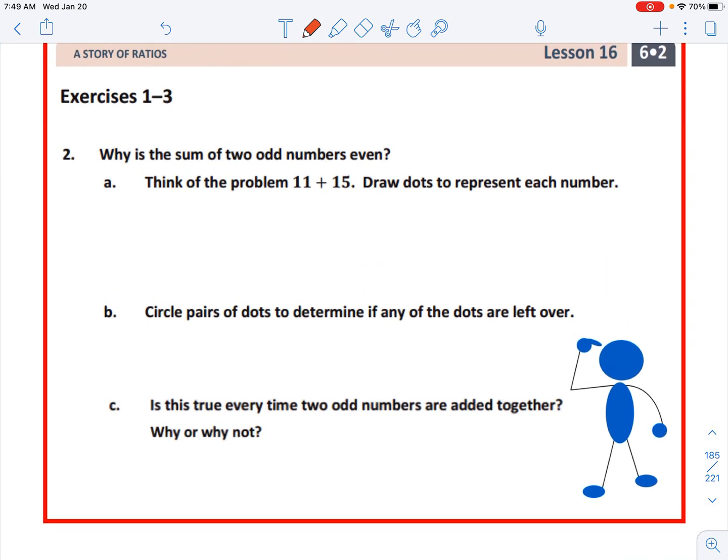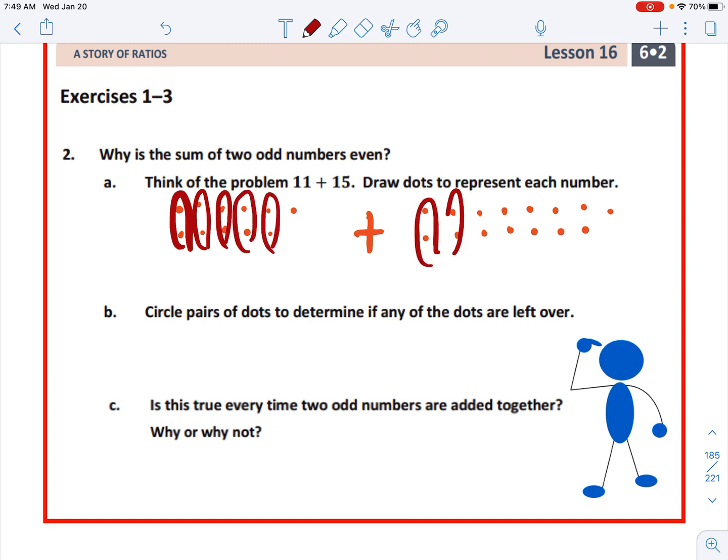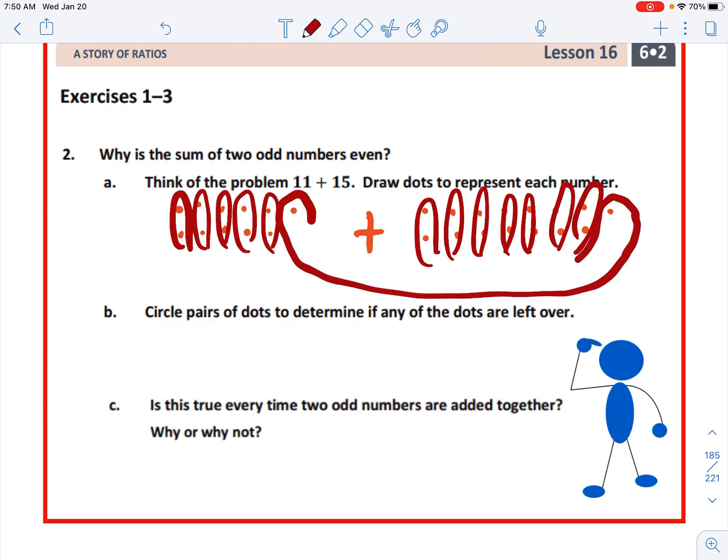Now let's do two odd numbers. Okay, so I'm going to do the same thing with the dots. Plus 15. Okay, and then I'm going to circle the pairs. So I have two left over here, one for each number, but if I connect both of these, it makes one more pair.